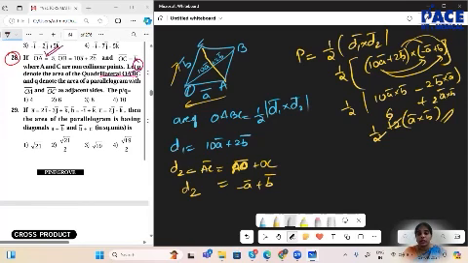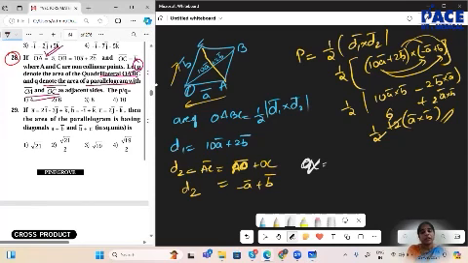Now what is Q? Q, they said, small q. Q denotes the area of parallelogram with OA and OC as adjacent sides, isn't it? What is the area of parallelogram? It is nothing but OA cross OC.